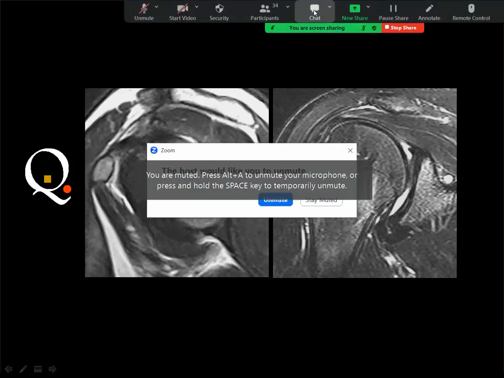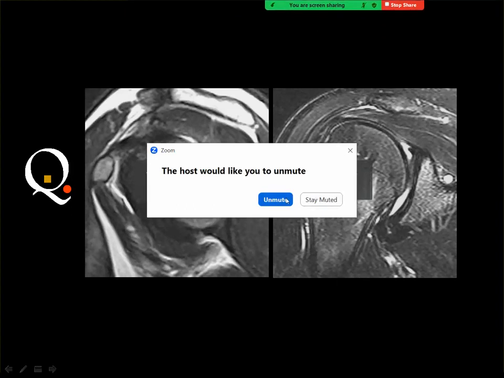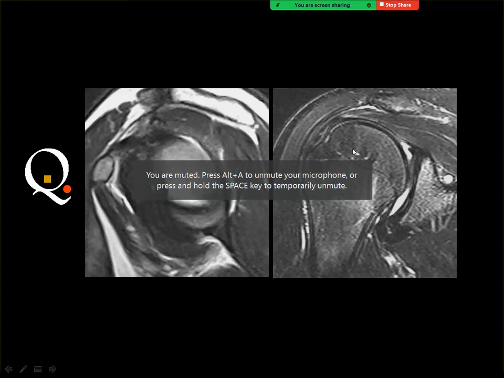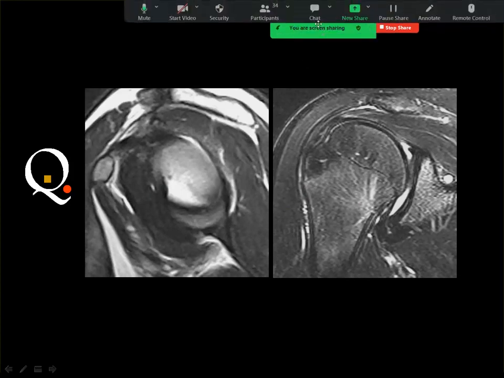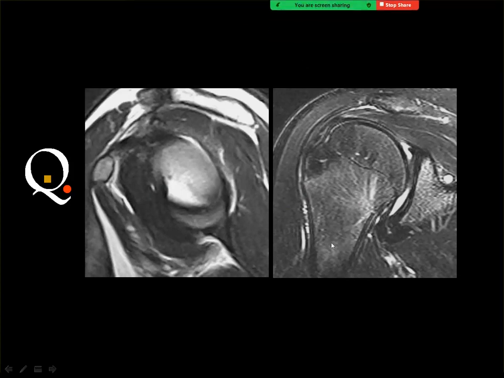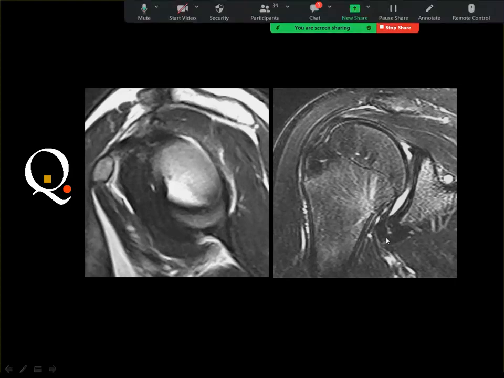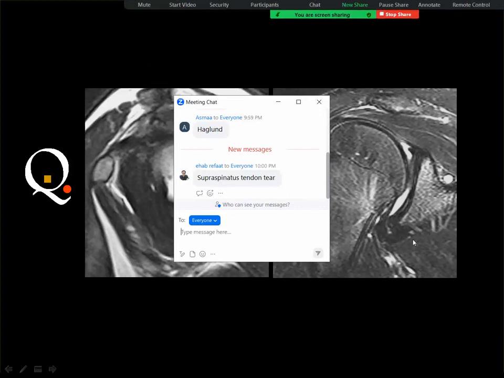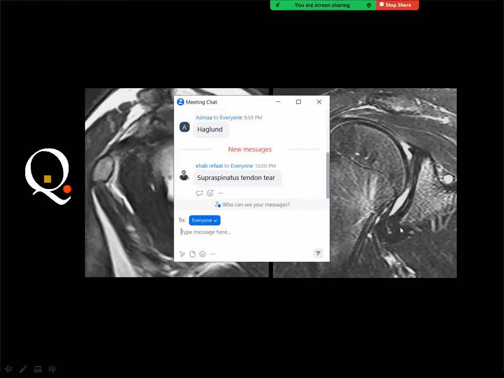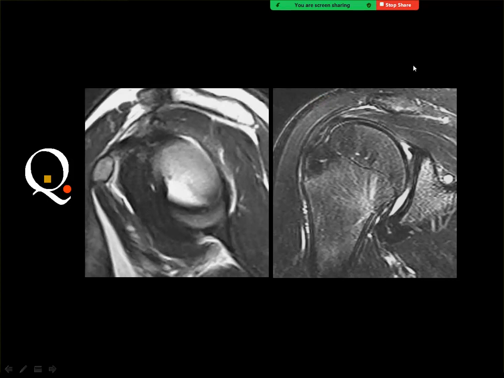Okay, and in this example, you can easily appreciate that the inferior glenohumeral ligament is considerably thickened and is also very short.